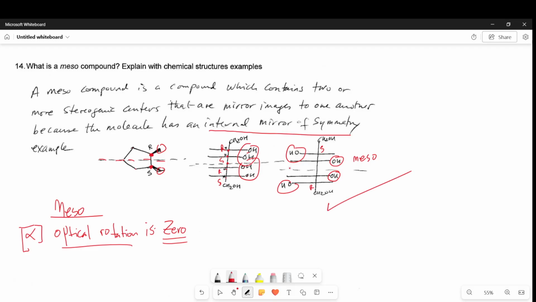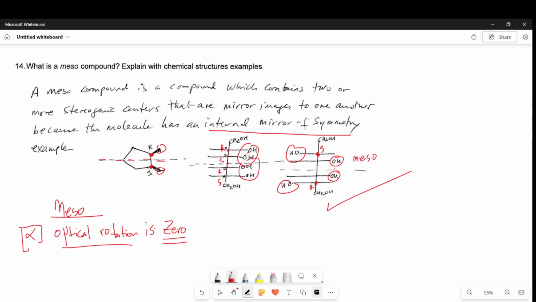So you have to make sure what the stereochemistry is right there and right there. I'm just giving you an example. But it's not only the stereogenic centers that should be mirror images, but the groups themselves also have to be identical.